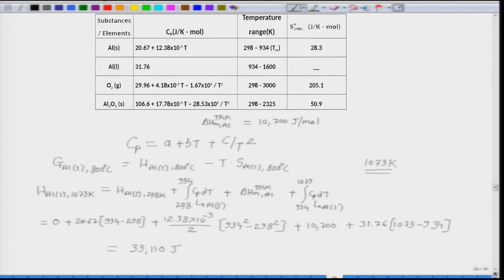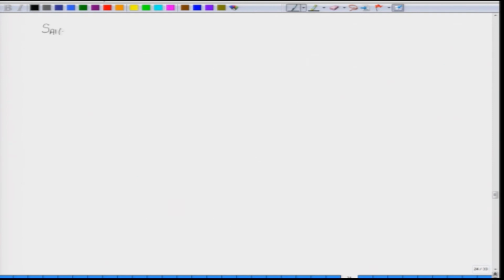So, now next we evaluate entropy. So, entropy of aluminum liquid at 1073 Kelvin can be written as entropy of aluminum solid at 298 Kelvin plus integral 298 to the melting point 934 of Cp, the Cp is of aluminum solid, Cp by T dT, plus integral 934 to 1073 Cp of aluminum liquid by T dT, and then at 934 there is a melting occurring.